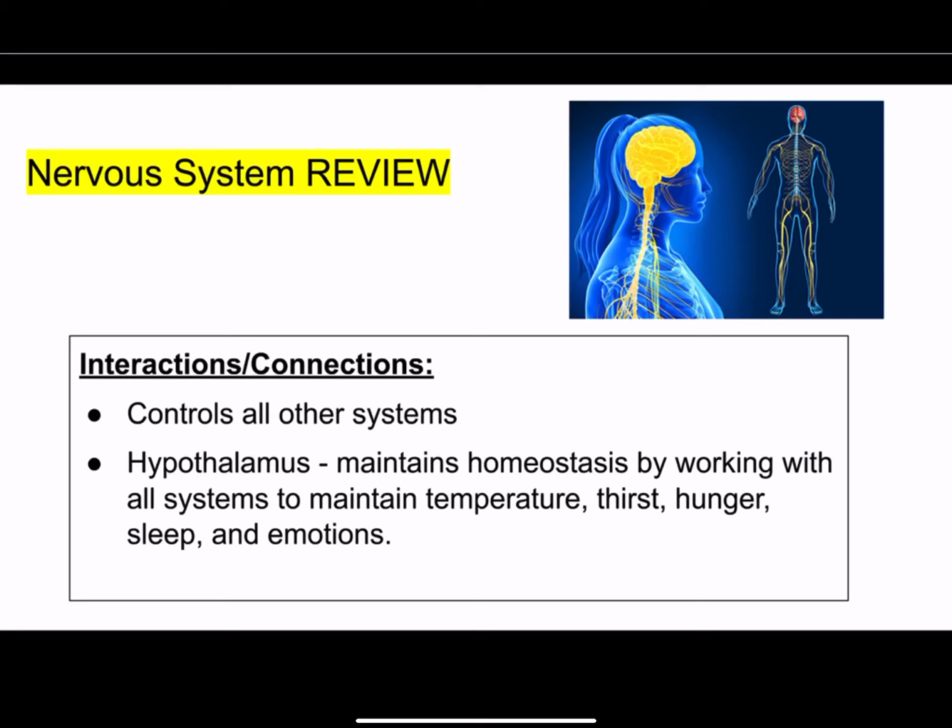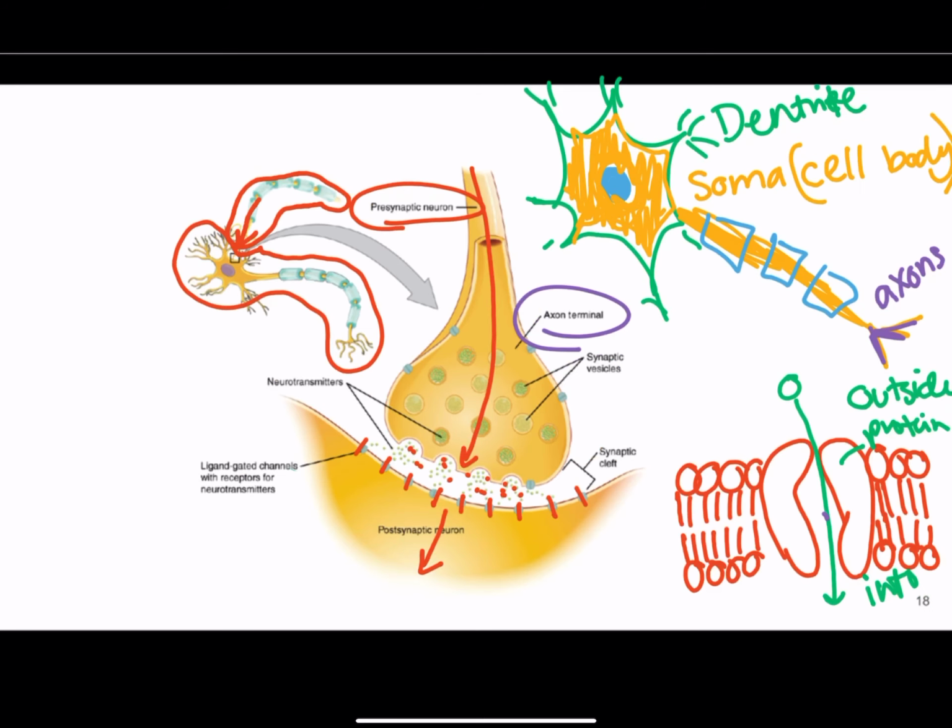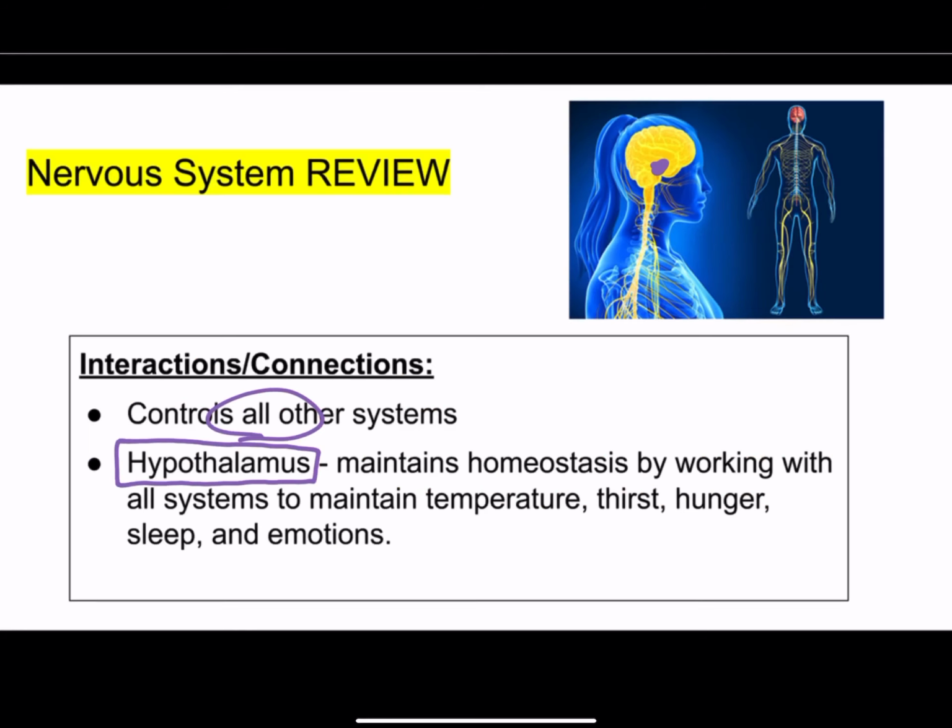But in conclusion, the nervous system, how it interacts with other systems is it basically interacts with all of them. It controls all of their systems. The main thing that you want to remember is that this hypothalamus, that's inside our brain. That's a little part inside our brain that helps maintain homeostasis by working with those systems. Now, these signals wouldn't be transported without the hypothalamus sending those signals.